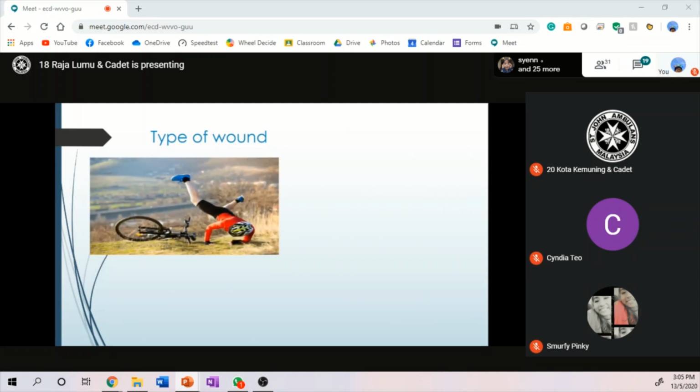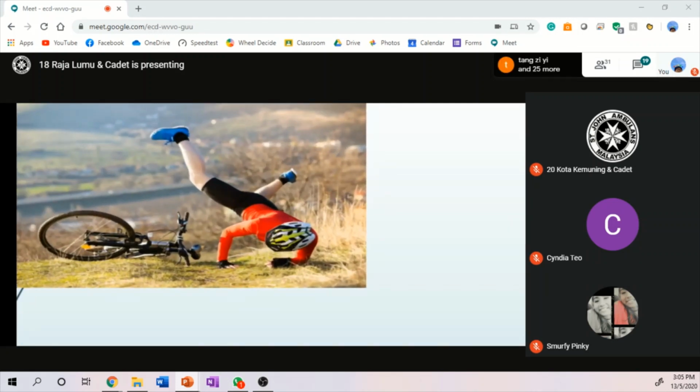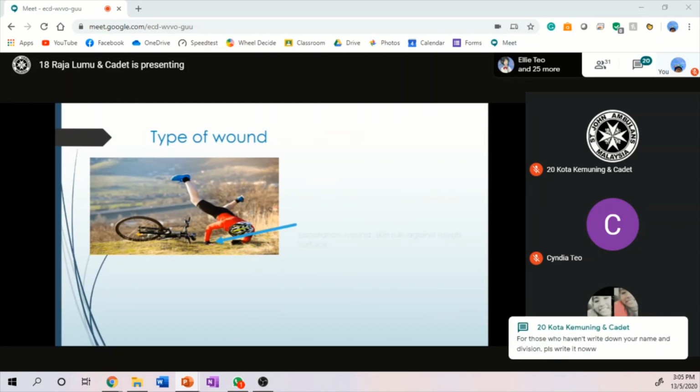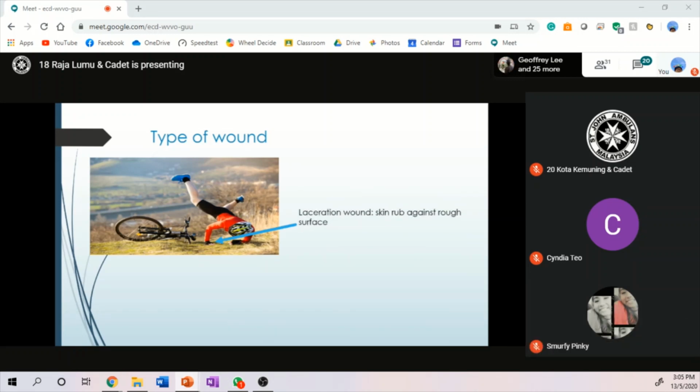Okay, so this is an example of a guy who fell and got a laceration wound. See your hand, the skin is torn against the surface. Like when you fall or you bicycle too fast without any protection, then suddenly you fall down or fly like a Superman, then zoom.